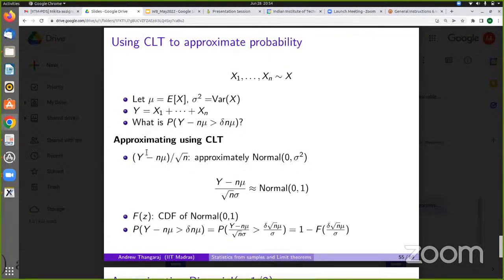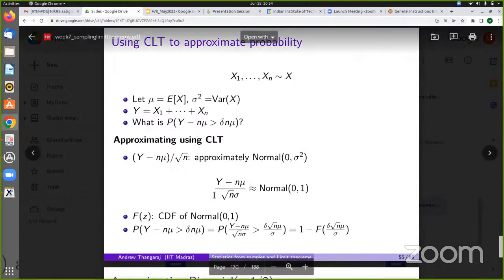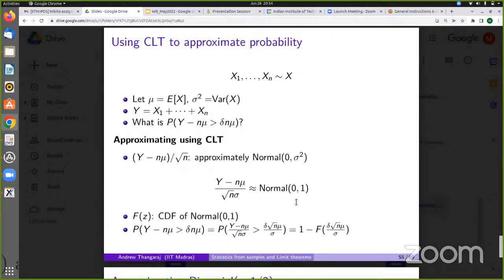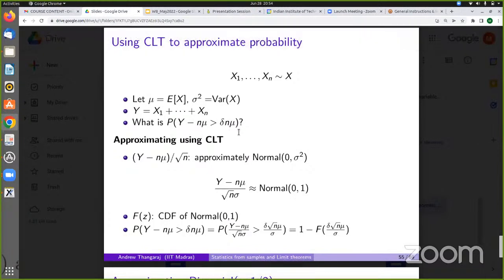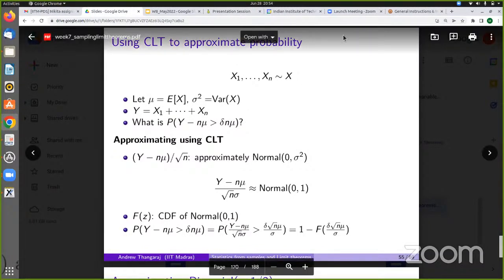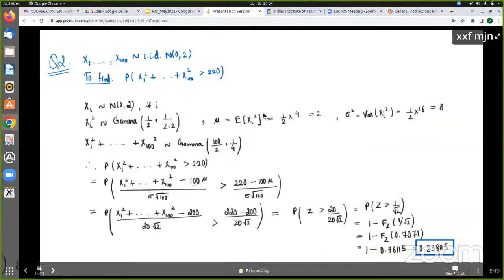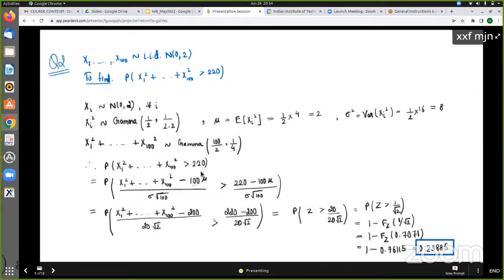Y minus n mu upon root n sigma approximates to normal 0, 1. So when you want to find y minus n mu greater than delta n mu, this is okay. But what we are finding here is not y minus n mu greater than delta n mu.